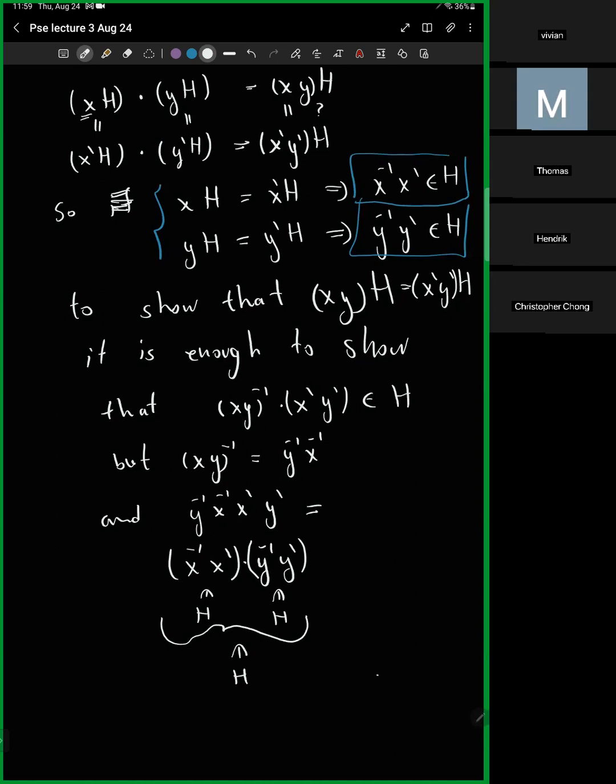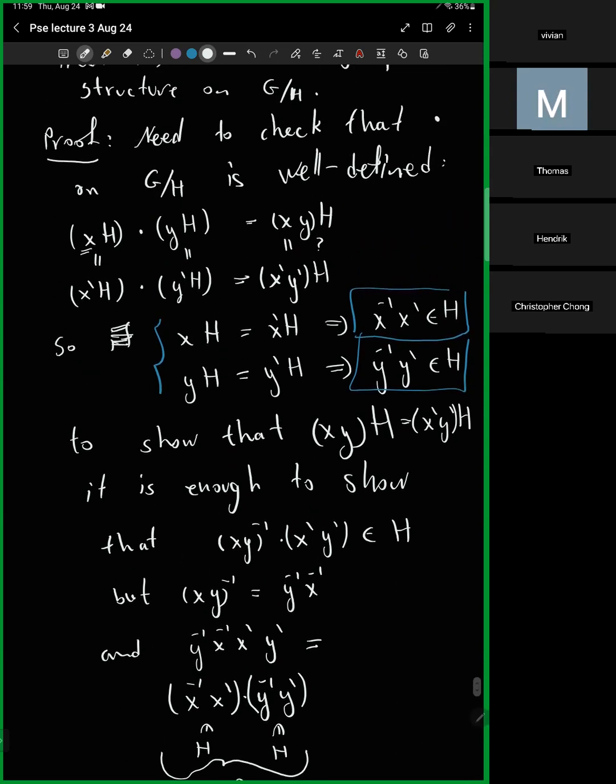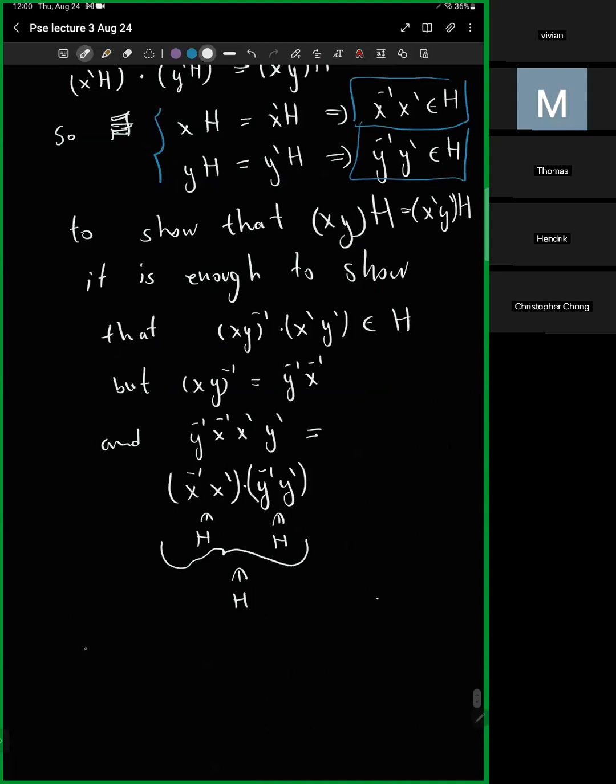So okay, this is all to say that the definition is well defined. But now the rest of the axioms of a group follow immediately: associativity, unitarity, and existence of inverse.